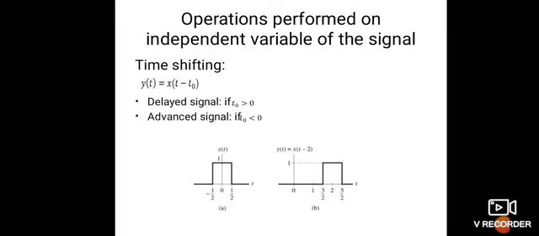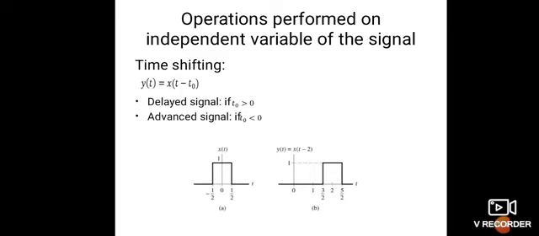But in the case of y(t) equal to x(t minus 2), the signal is shifted to the right side by 2 units. When t0 is greater than 0, the signal is shifted to the right side. So minus half to plus half is shifted to 3 by 2, by 2 units in the right side. Now in figure B, it starts from 3 by 2 and ends at 5 by 2.